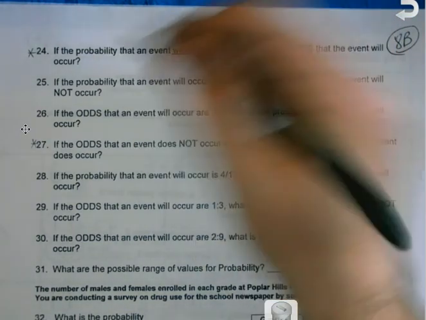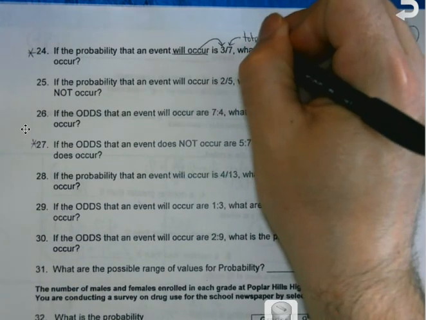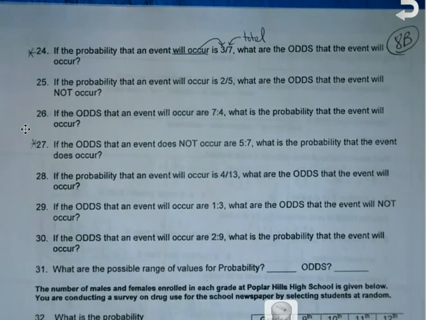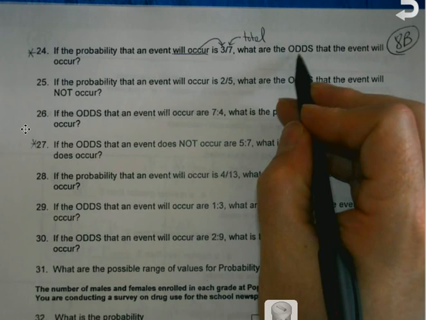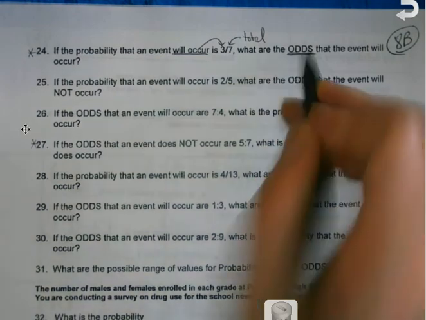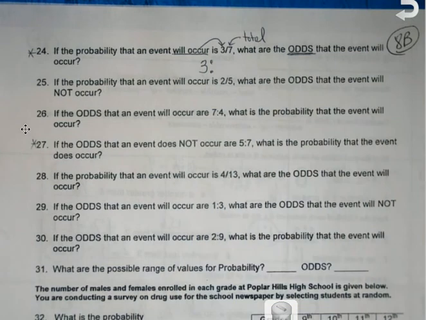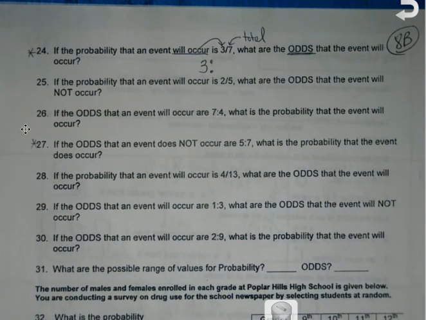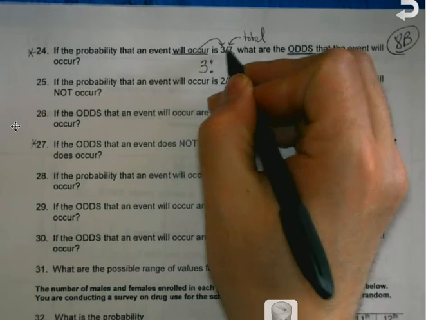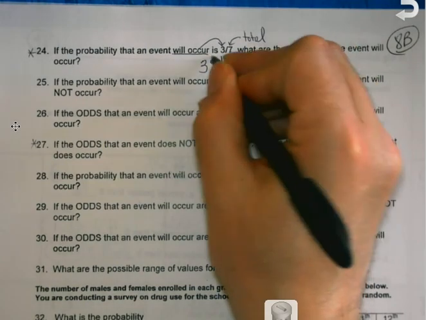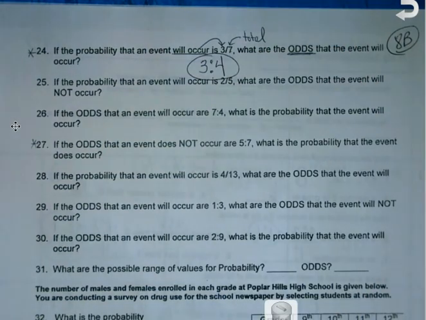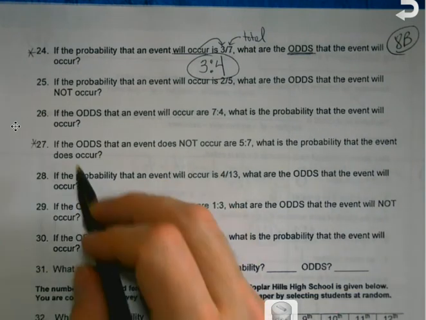That 7, since it's probability, is the total number of occurrences. What are the odds that the event will occur? Well, my success would be 3. How many non-successes would I have? 4, because there's 7 total, 3 are successful, 4 wouldn't be. 3 to 4. So you take the information, you kind of dig a little, and you come out with what you're looking for. Ooh, now we'll start with odds.